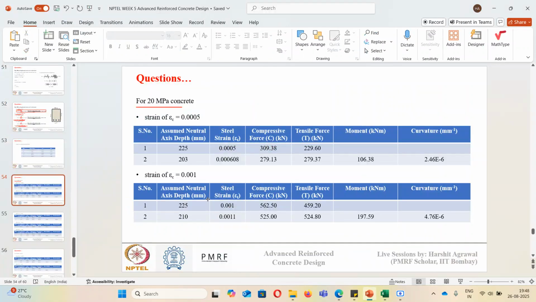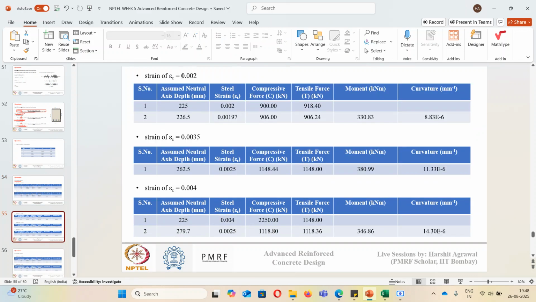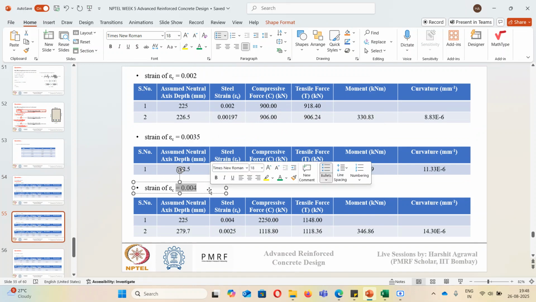Okay, similar calculation we can repeat for strain value of 0.001. Again, I started with 225. I got C and T are not equal, so I did iteration. I went up till 210. I got C and T both very close to each other, so I calculated moment and curvature. Same thing I will repeat for 0.002, 0.0035, and this time I took one more point at 0.004.